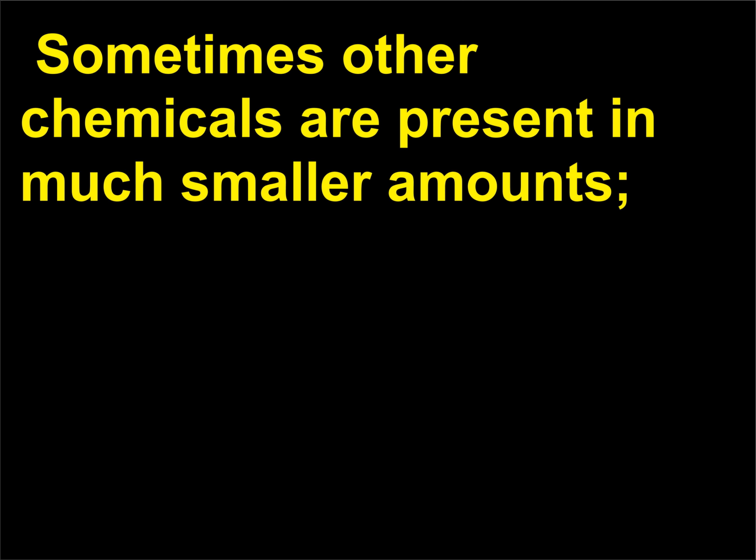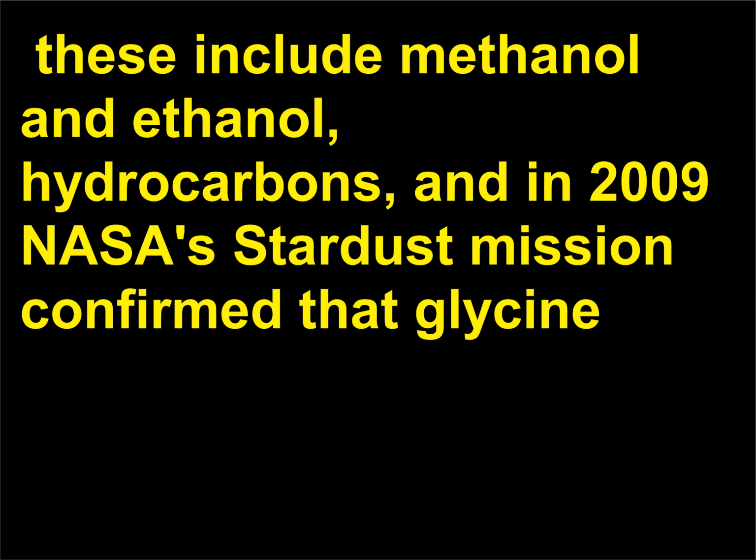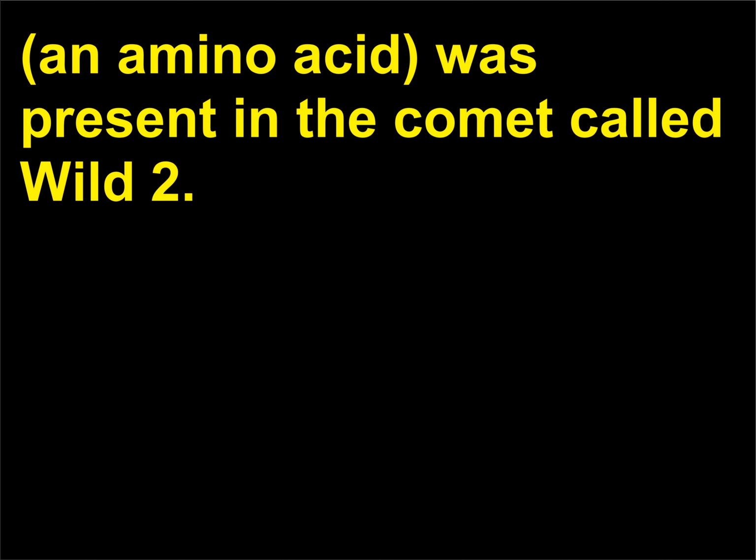Sometimes other chemicals are present in much smaller amounts. These include methanol and ethanol, hydrocarbons, and in 2009 NASA's Stardust mission confirmed that glycine, an amino acid, was present in the comet called Wild 2.